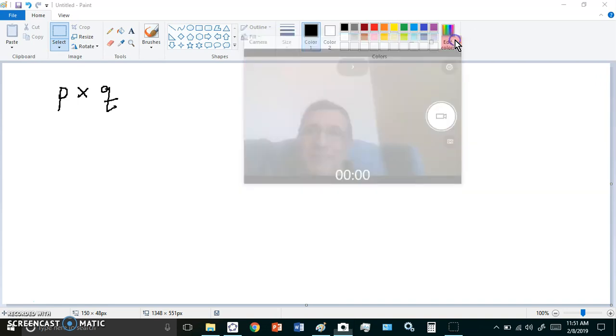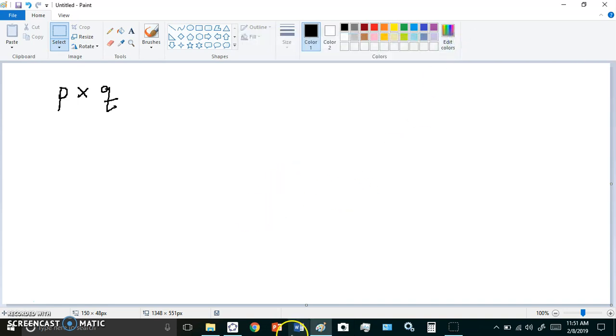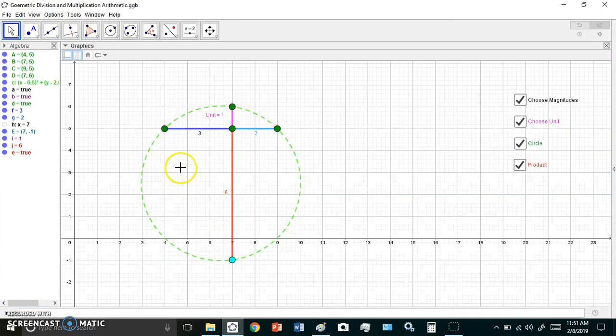So let's begin. Now, remember I showed you this little applet here, and in all cases the product of the dark blue line and the light blue line always gives you the length of the red line.